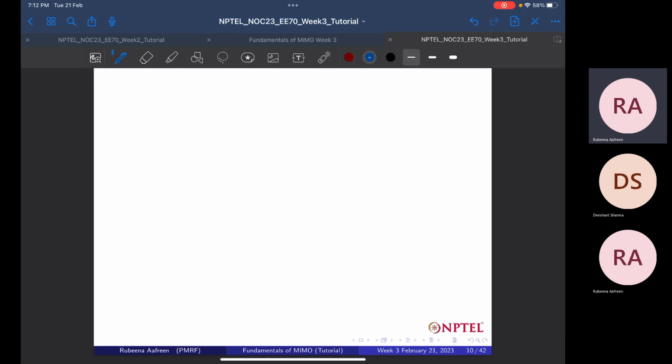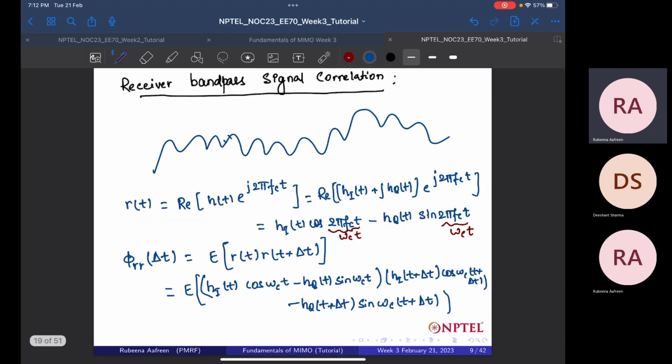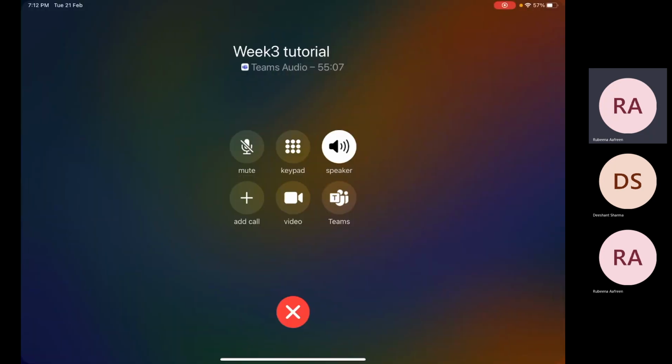Now all we do is to multiply. So now we can write it as expectation of this term and this term will multiply first.